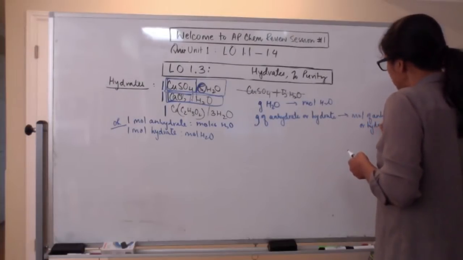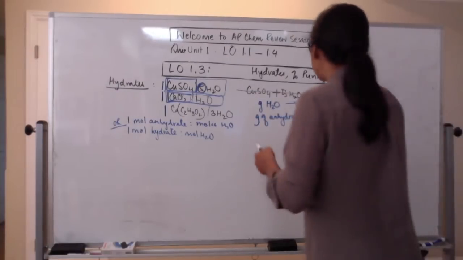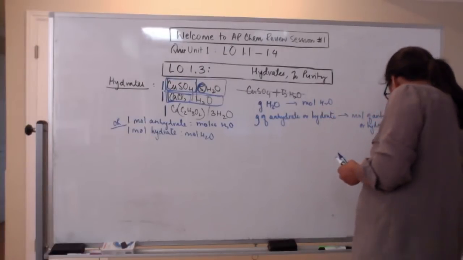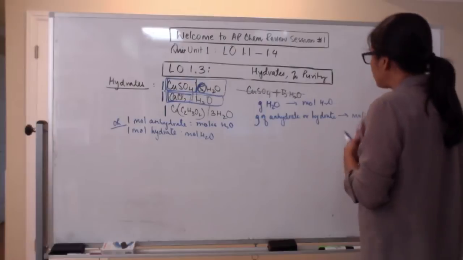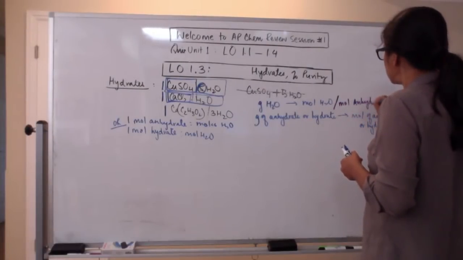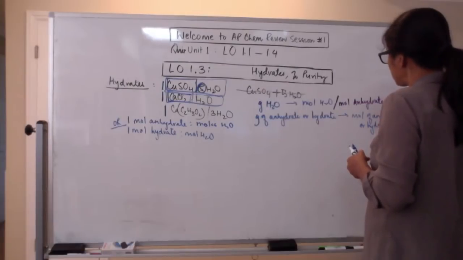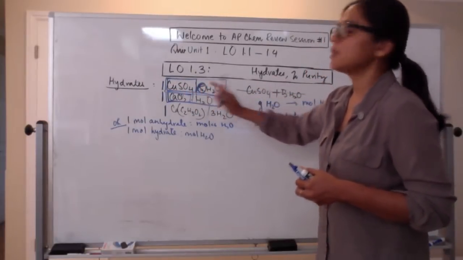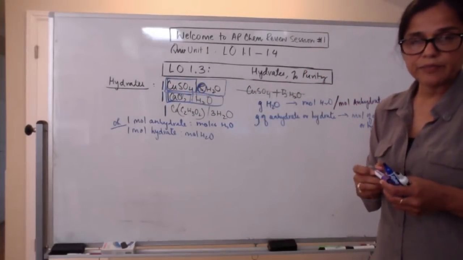Either works depending upon the problem. Then divide moles of water by moles of anhydrate or hydrate, whatever your problem allows. Generally it's anhydrate, to get in 1 mole of anhydrate how many moles of water are combined.